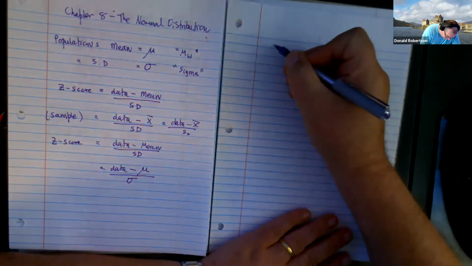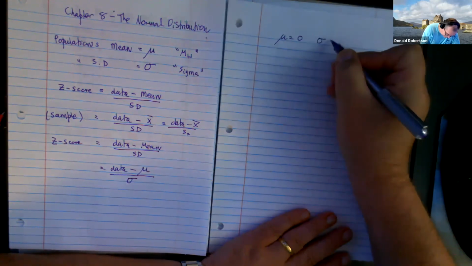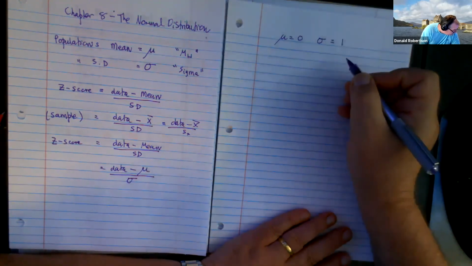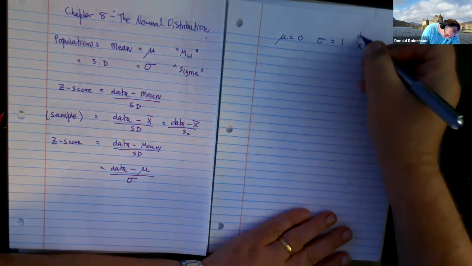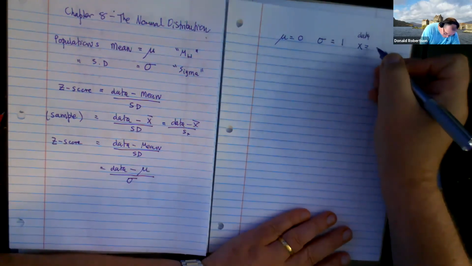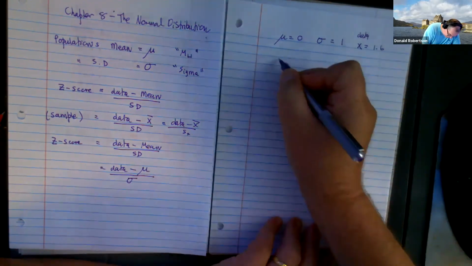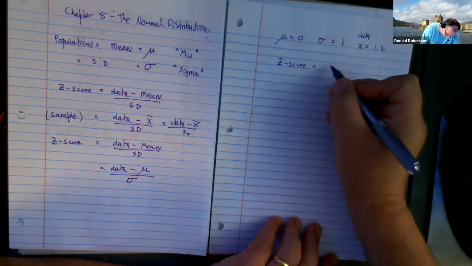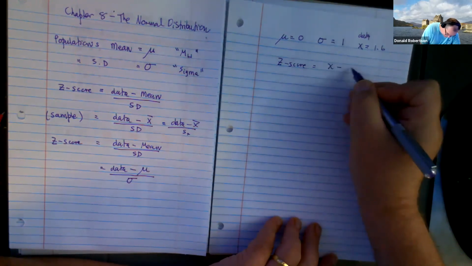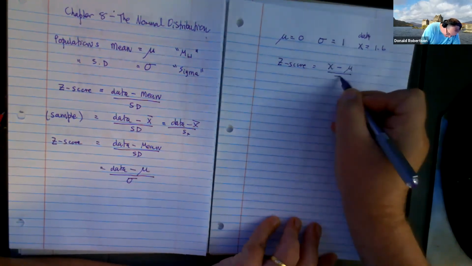Suppose I have a population and the population mean is 0 and the standard deviation of that population was 1. And your data, we'll use X to represent the data, was the number 1.6. If I asked you to calculate the z-score, couldn't you just say data, take away mean, divided by the standard deviation?